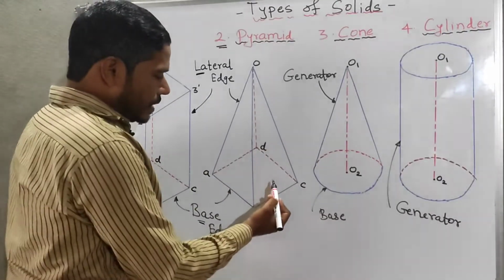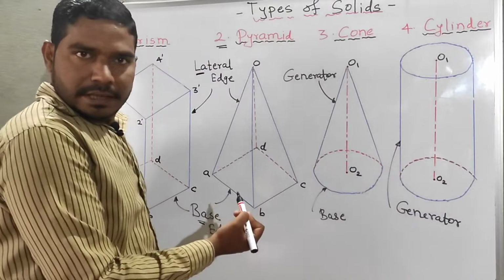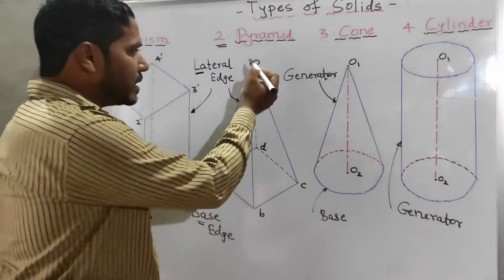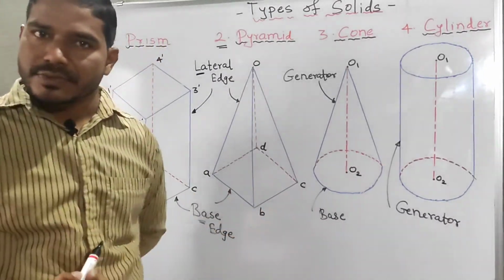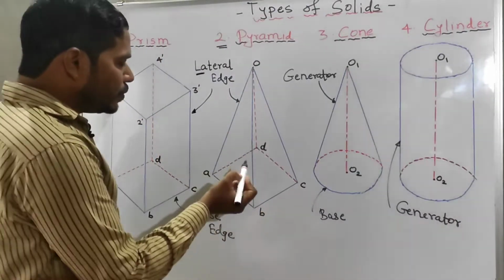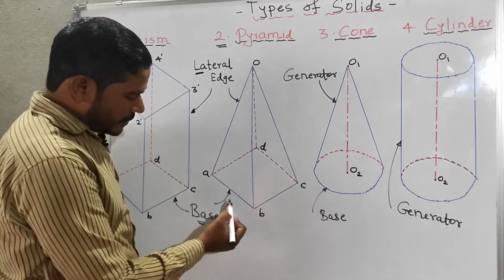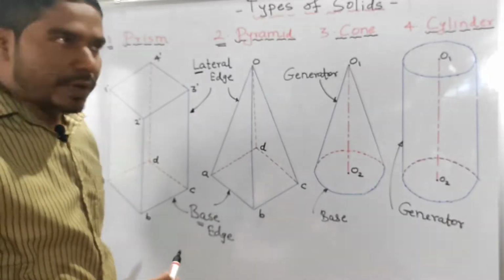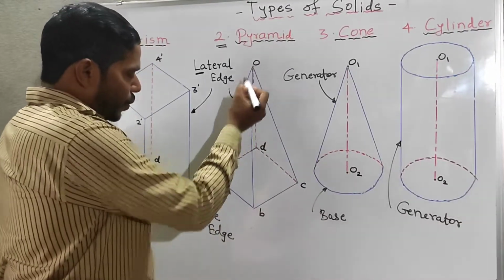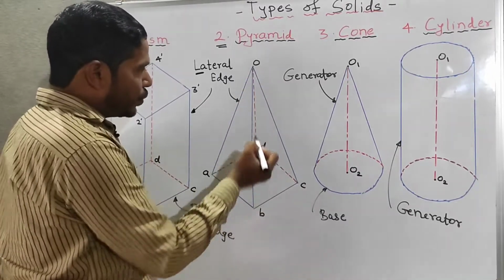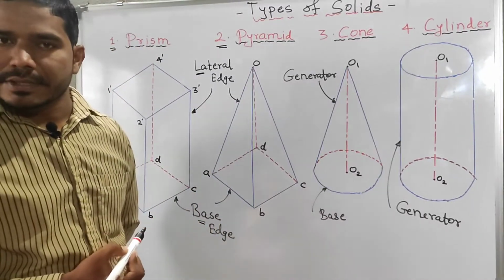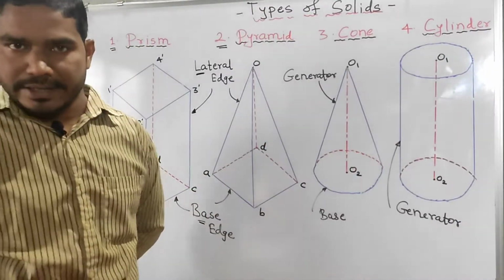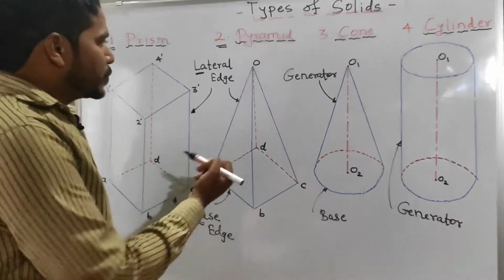Here it's a square pyramid: it has a square base, and its upper face is converted into an apex. AB, BC, CD, DA are all base edges. OA, OB, OC, OD are all lateral edges, and as they are slanted, we can also call them slant edges. So this is about the pyramid.